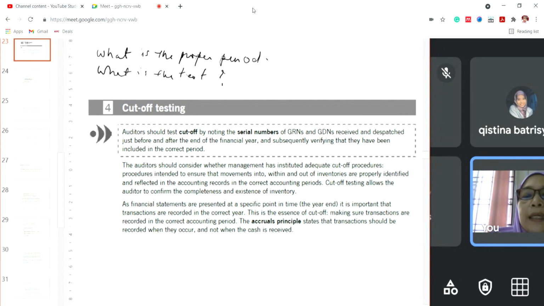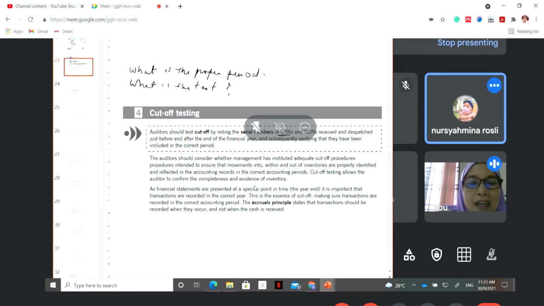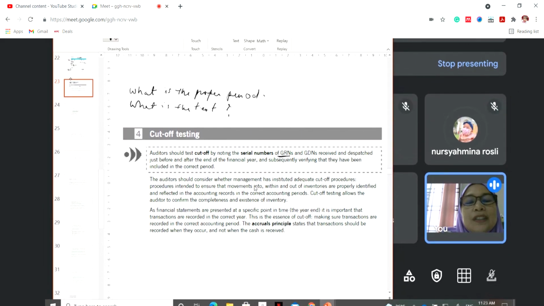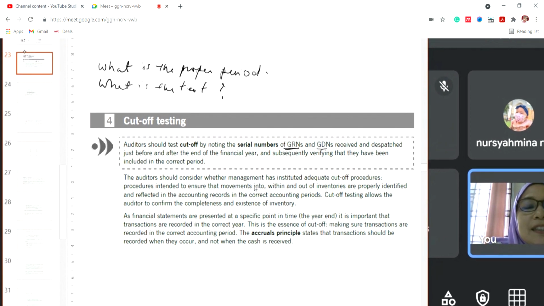So the auditor should test cut off by noting the serial number of GRN. What is the GRN, class? Goods received note. And GDN? Goods dispatch note.